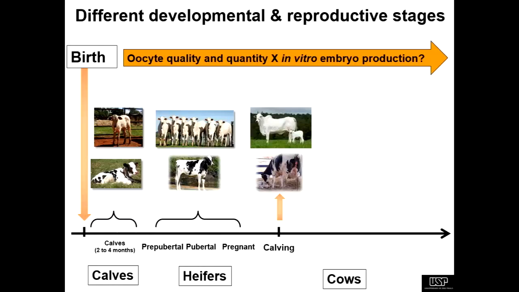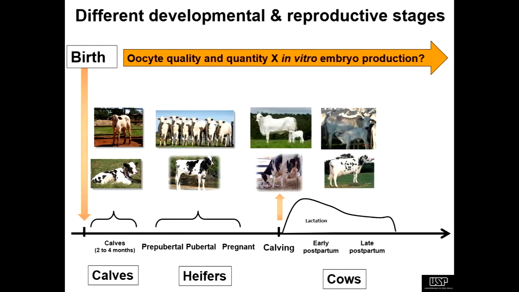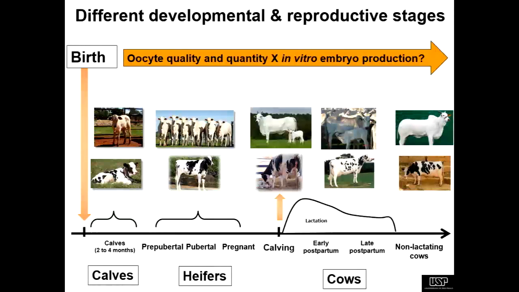I would like to show you the data we have in our lab on oocyte quality after calving, in early lactation compared to late lactation. I will also show data in non-lactating cows, Taurus and Indicus compared, and the effect of nutrition and high energy on oocyte quality in this category.